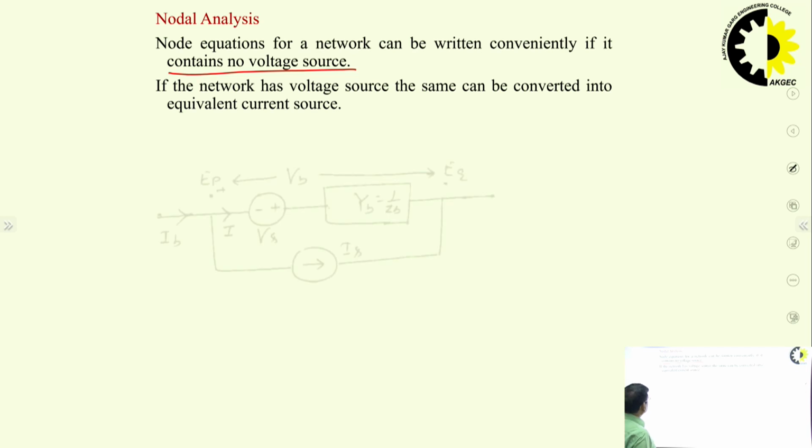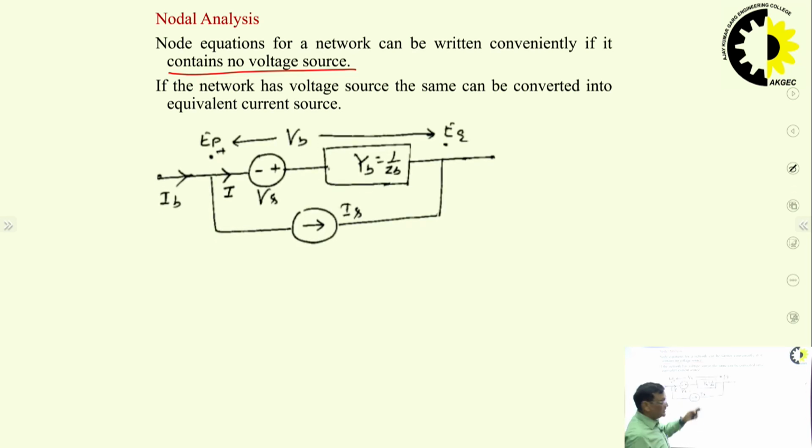Now take the branch admittance YB, which is equal to 1 by ZB, if the branch has no mutual inductances. Otherwise, we have to invert the matrices.